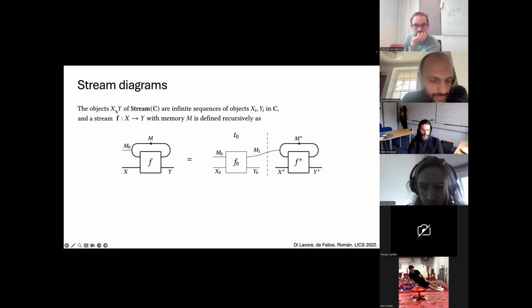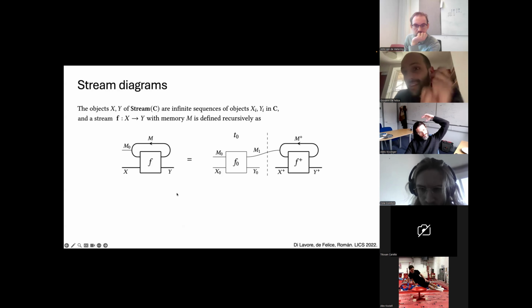So let's denote by X and Y. Now the objects, so the wires, will represent not a single space, but an infinite list of spaces, so Xi and Yi.